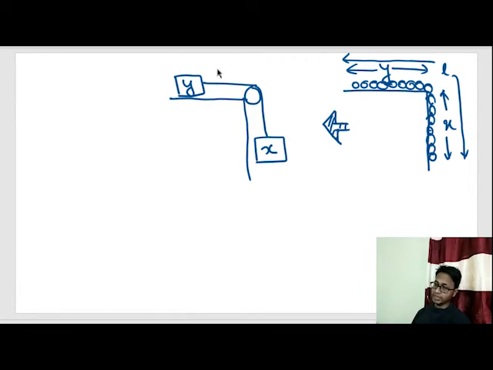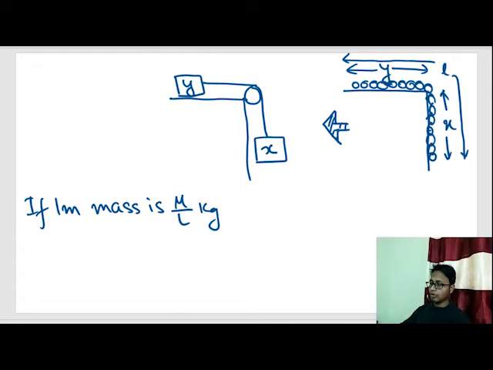The mass distribution is applied by the formula: per meter of this chain, the mass was M by L. So if the per meter length of this chain weighs M by L kg, what is the mass of x meters? If 1 meter mass is M by L kg, what is the mass of x meters?